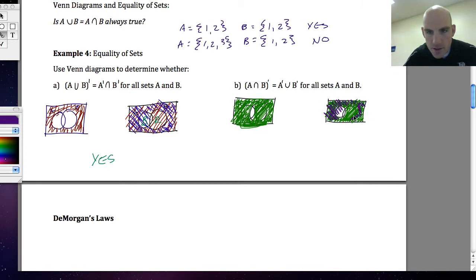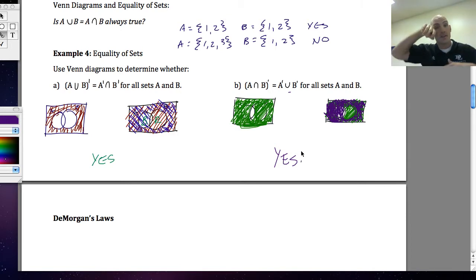Because B is this circle-y dealy here, right? And so it becomes clear what is the only part that is not shaded at all. The part that's not shaded at all is just that little middle part, right? And so yes, these are equivalent. These sets are equivalent because the only part that's not shaded in both of them is this little middle part here, right?